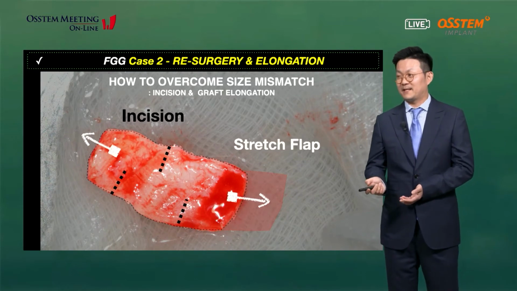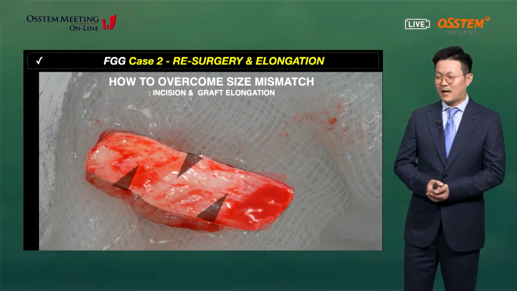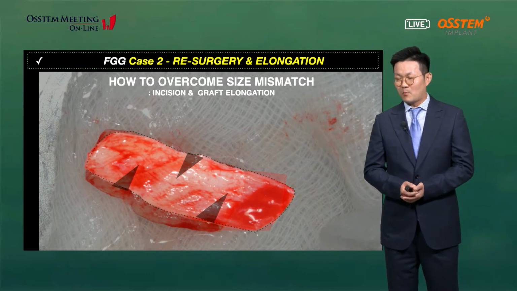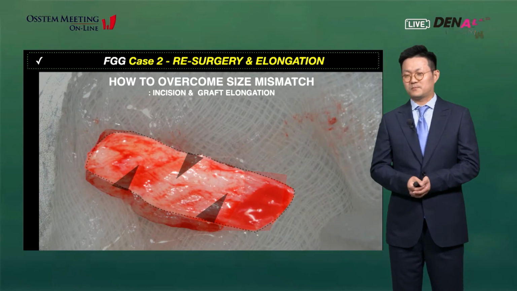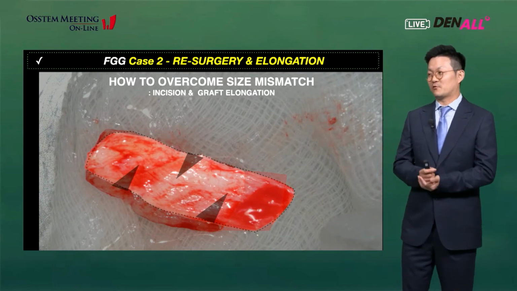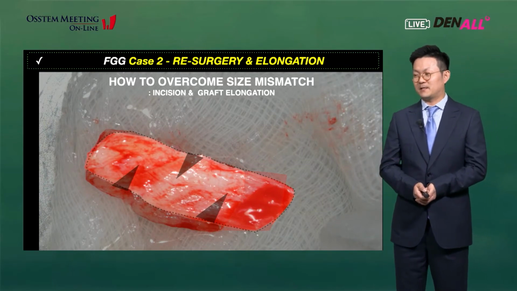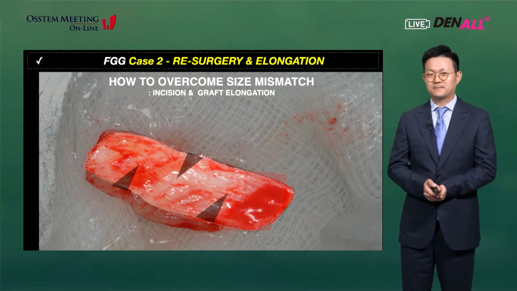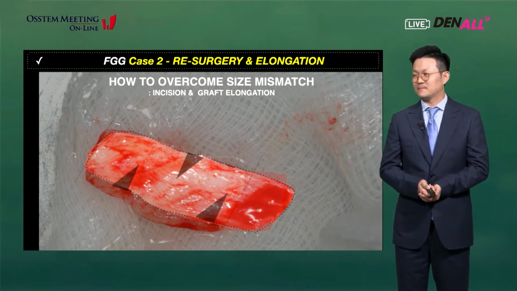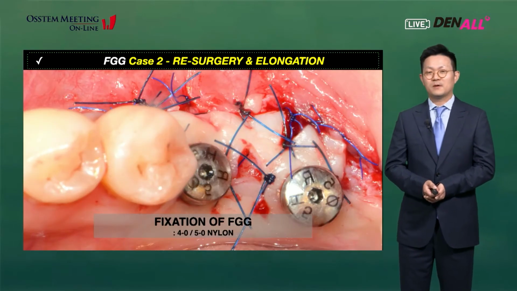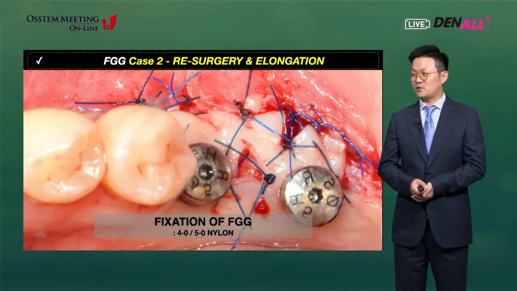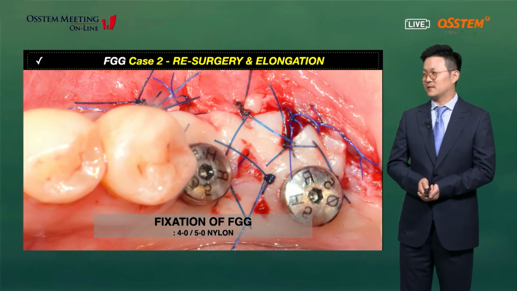I imagine that then I can get a longer graft tissue despite the loss of the width of the graft tissue. So I decided to do it like this. Anyway, I fixed the graft tissue with the incision and stretching.